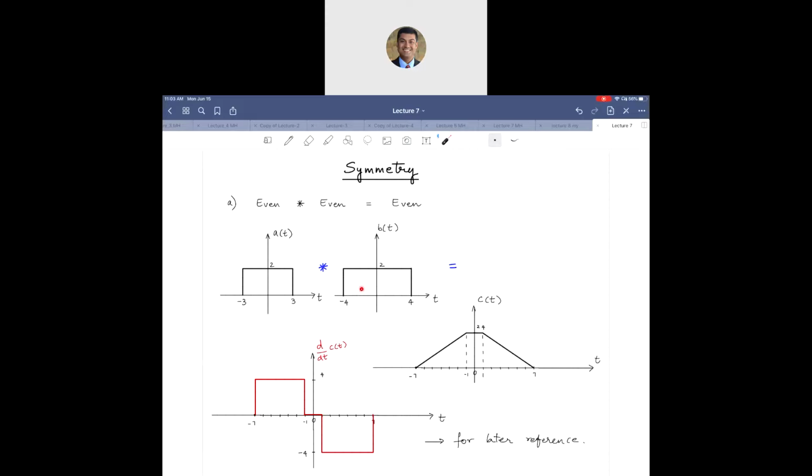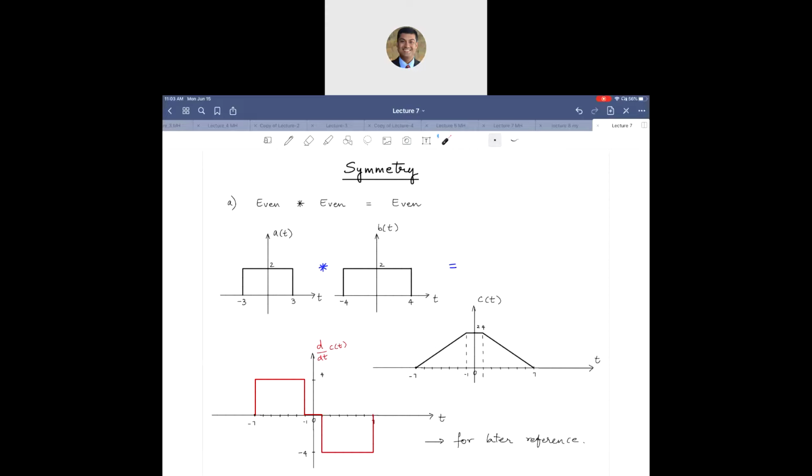These are for continuous time, but this property applies for discrete time as well. So when you convolve these two, my claim is that this is going to be a trapezoid looking waveform. Now, I was able to write this directly. Believe it or not, I was able to write this convolution output directly.